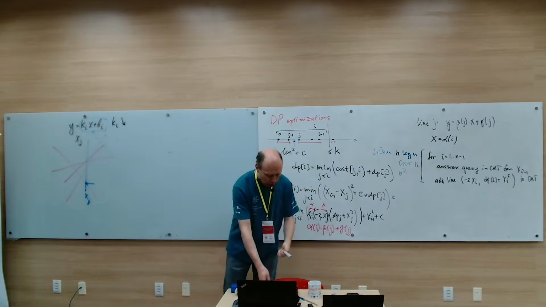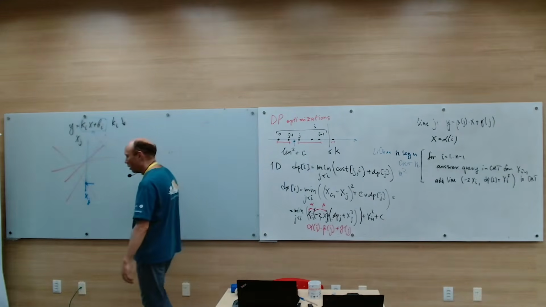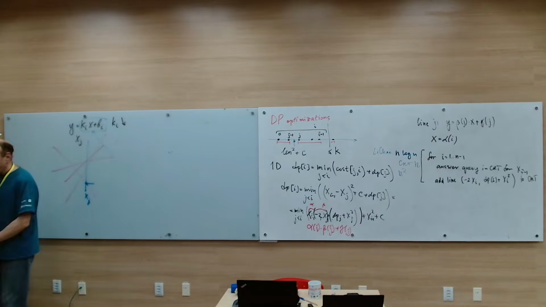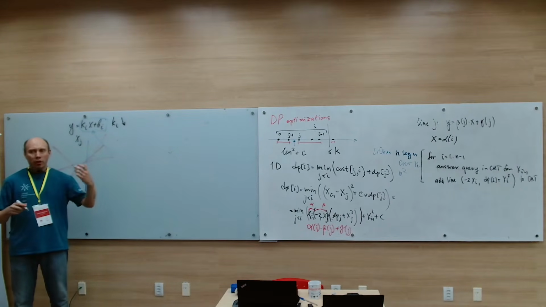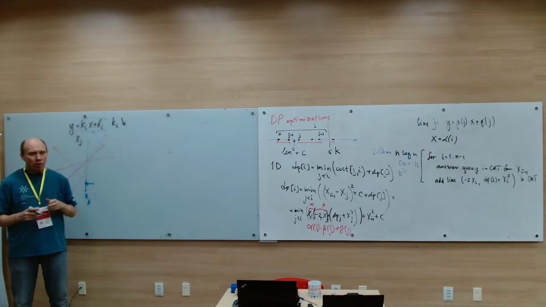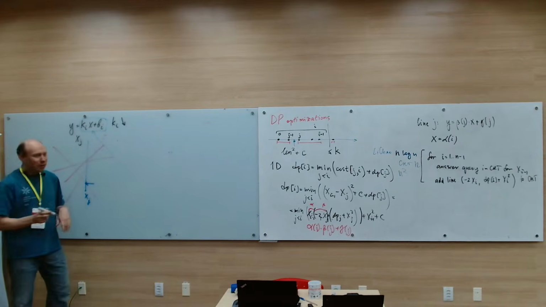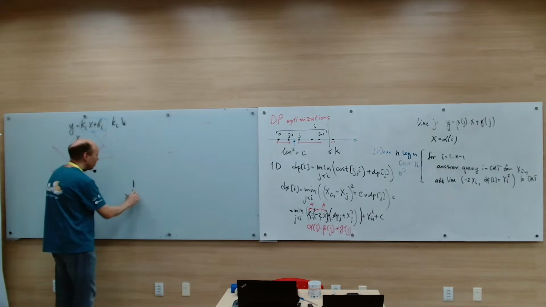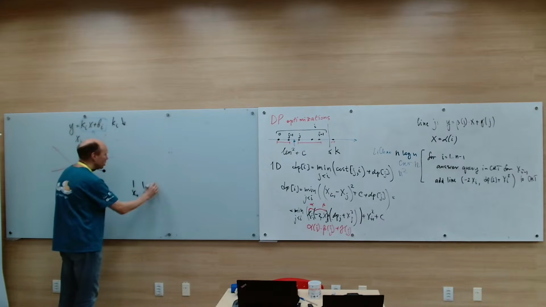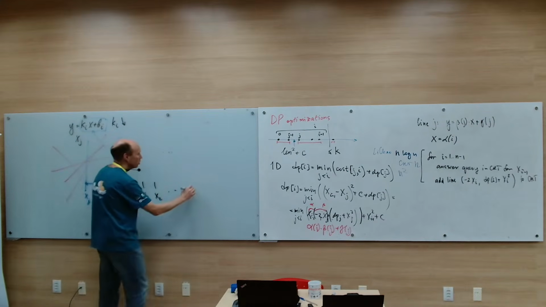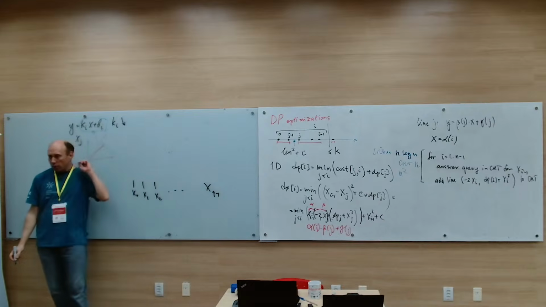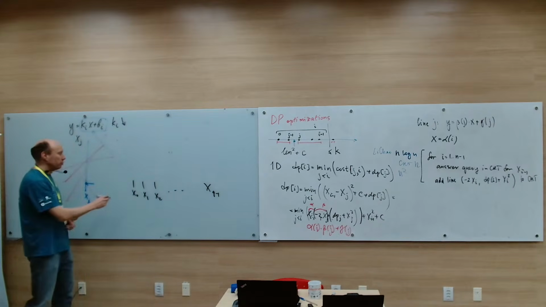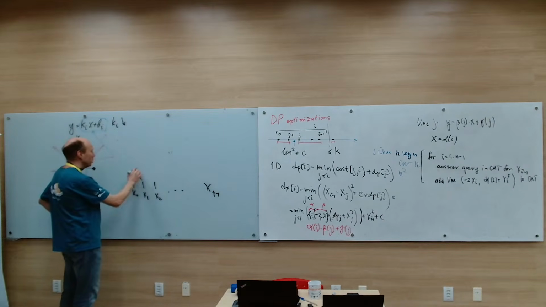So let's build a segment tree on these queries, and the contents of the nodes of the segment tree we will describe later. Let's build it like a segment tree structure, from 0 to n minus 1. We have queries, a few of them, and we build the segment tree.